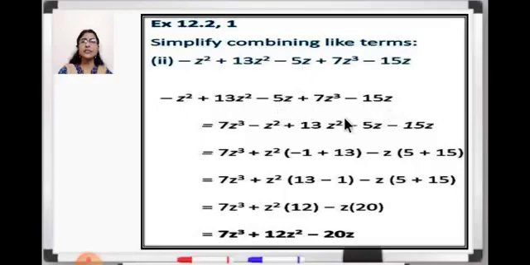Here this is the question written, then we will bring the like terms together. So first you'll always remember this one has the highest power, so that we will write first, 7z cube. Okay, and then we will see z square. Now you can see here this has minus z square, then plus 13z square, then there is no other z square. So we have written this too.